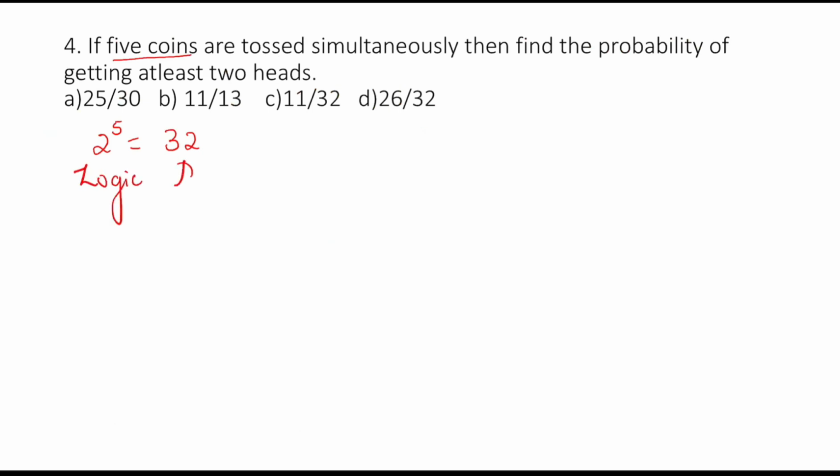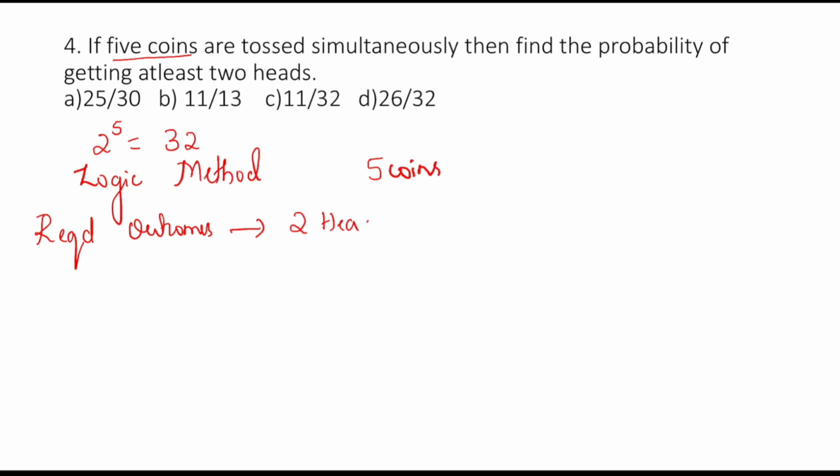Okay, logical method. So in this, what are our required outcomes? They are saying at least 2 heads. So in 5 coins we can get either 2 heads, because at least 2 we require, not less than 2, but it can be more than 2.